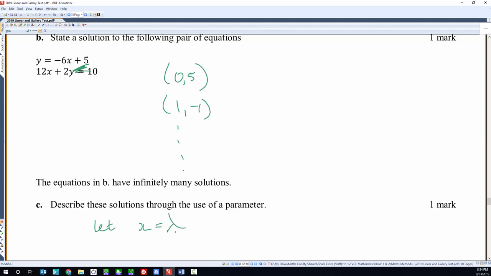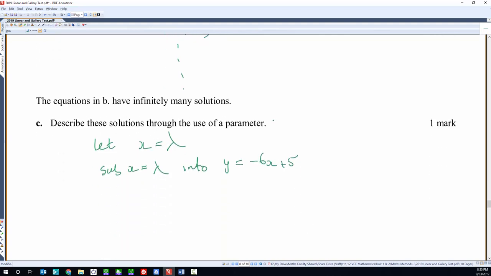So x is equal to lambda, in which case I'm going to sub x equals lambda into one of these equations. I'm going to sub it into y equals negative 6x plus 5. That basically means if x is lambda, y is equal to negative 6 lambda plus 5. And there really is my solutions.